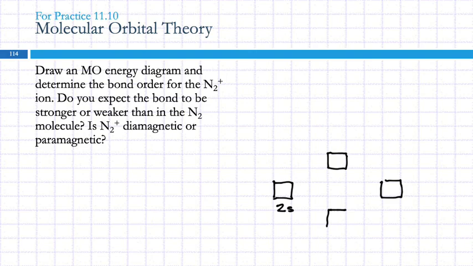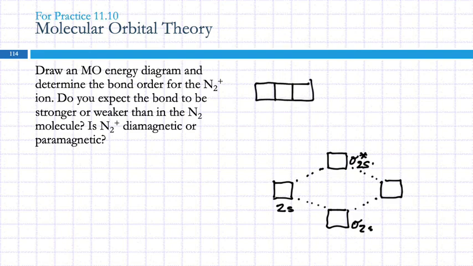So when those overlap, we get one that's lower in energy and one that's higher. So this is sigma star 2s, and this is sigma 2s. And then we have the p orbitals, 2p and 2p.